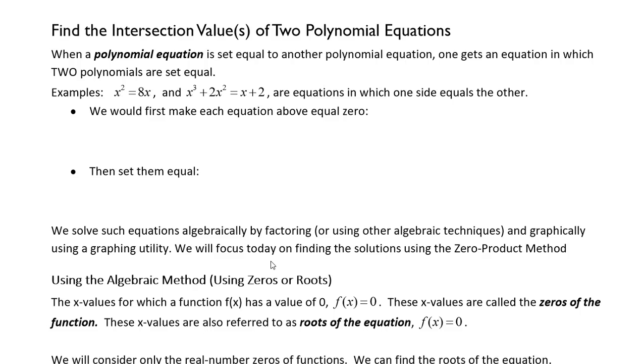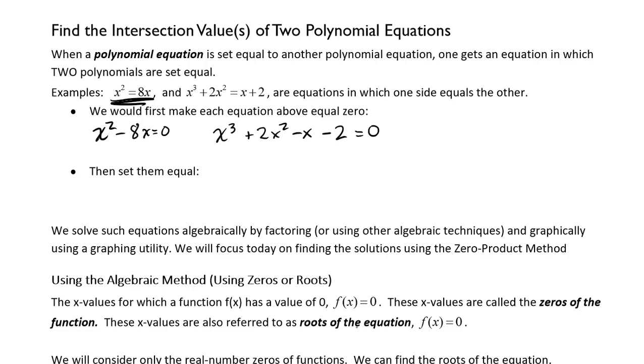We would first make each equation above equal to 0. So let's see what that would look like. The first example here would be x squared minus 8x equals 0. And the other one would be x cubed plus 2x squared minus x minus 2 equals 0.